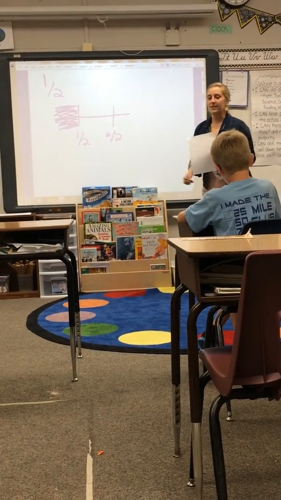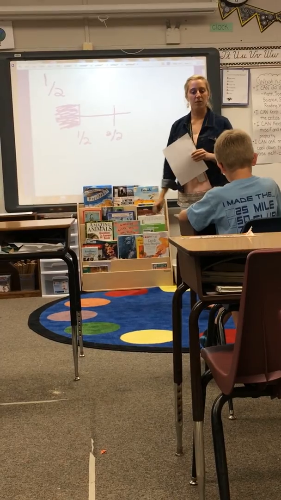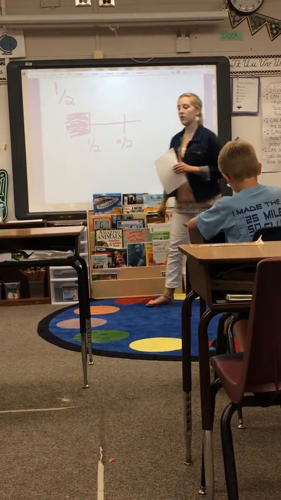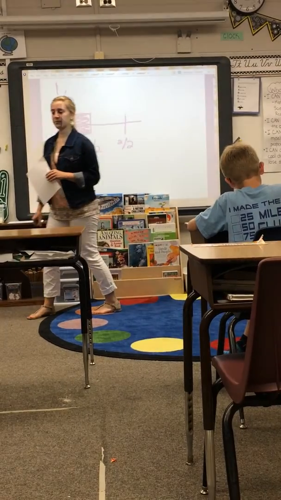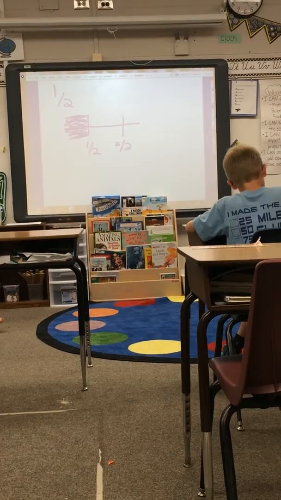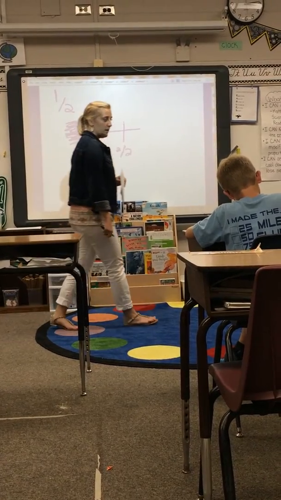All right. Go ahead and draw your fraction bars for 1/2 and then for the card that you pulled. Go ahead and decide if it's more or less than 1/2.